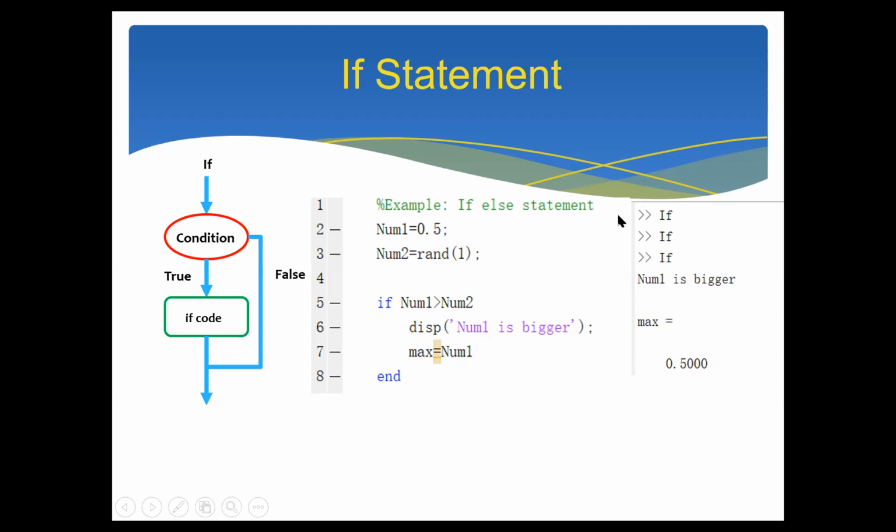The reason is that for these previous runs, the random number happens to be greater or equal to 0.5. Then this condition does not match. It will pass this code and give you nothing. But if this condition matches, you will get into this code and give the output max to be 0.5, which is number 1, right? Because number 1 is bigger.